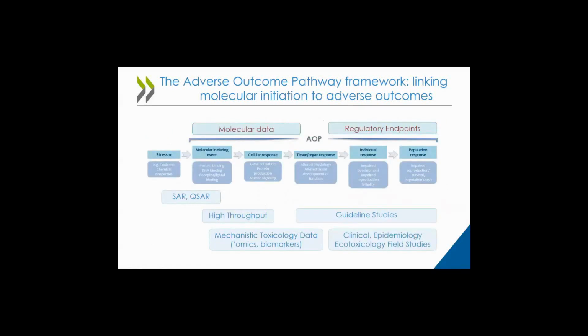Another way of thinking about AOPs is as a framework for organizing data.